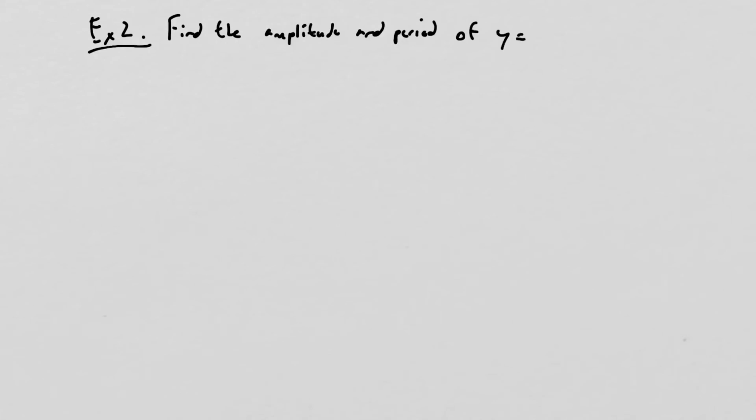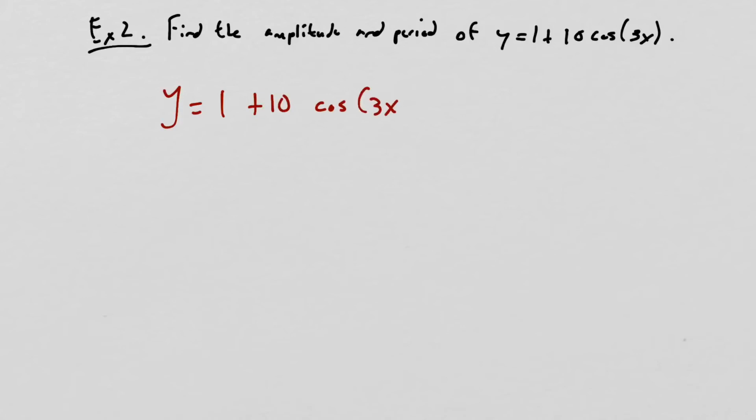Let's look at another example. Example 2. What we want to do is find the amplitude and the period of the given function. Again, we're given the function y is equal to 1 plus 10 cosine of 3x.